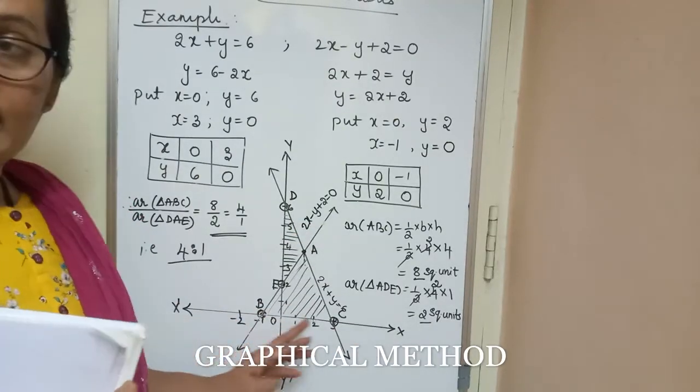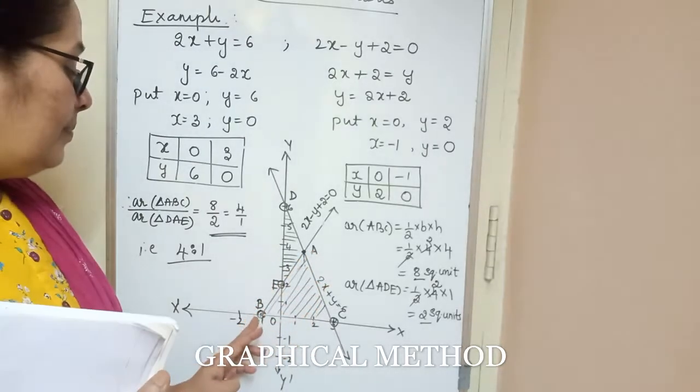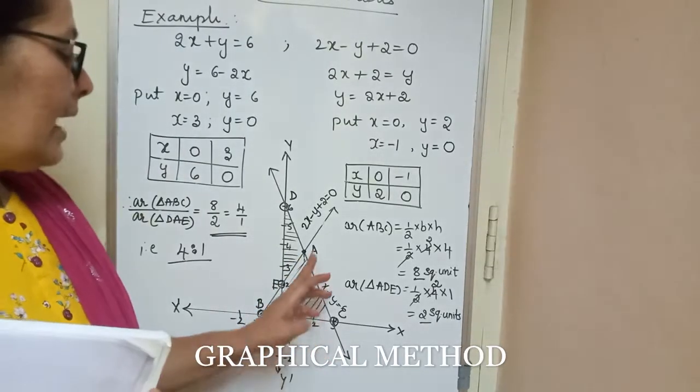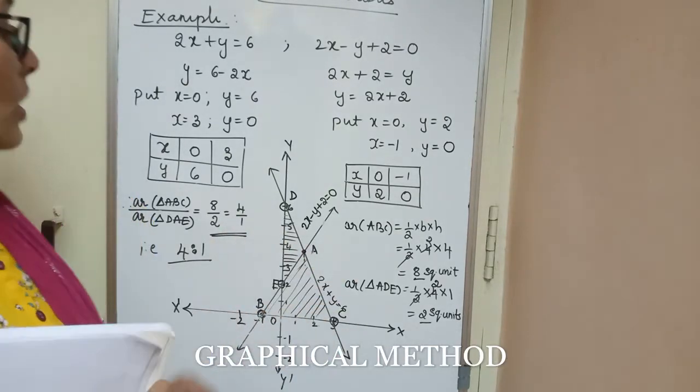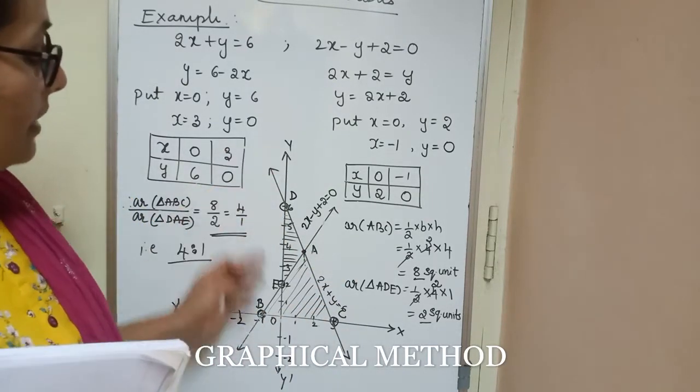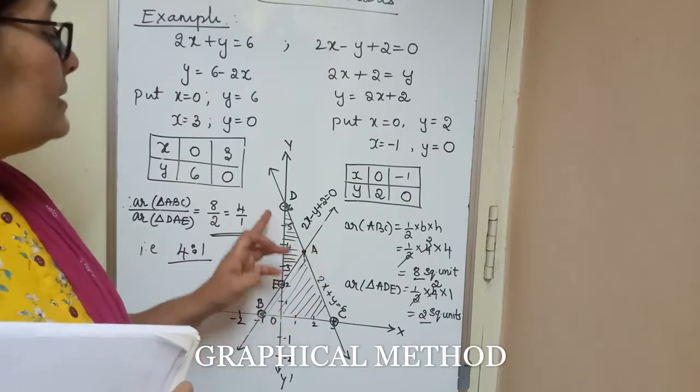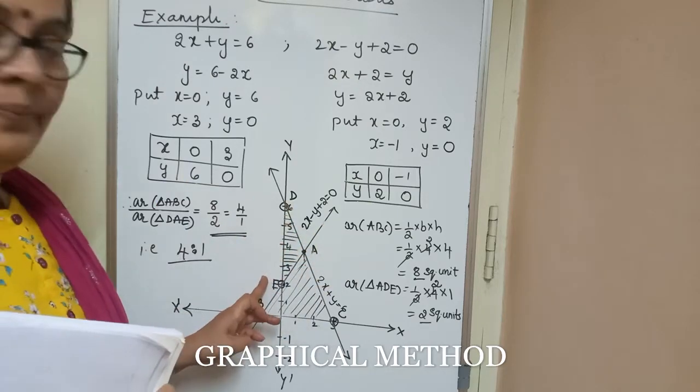The triangle on the x-axis formed by these two lines is ABC, and the triangle on the y-axis formed by these two lines is ADE.